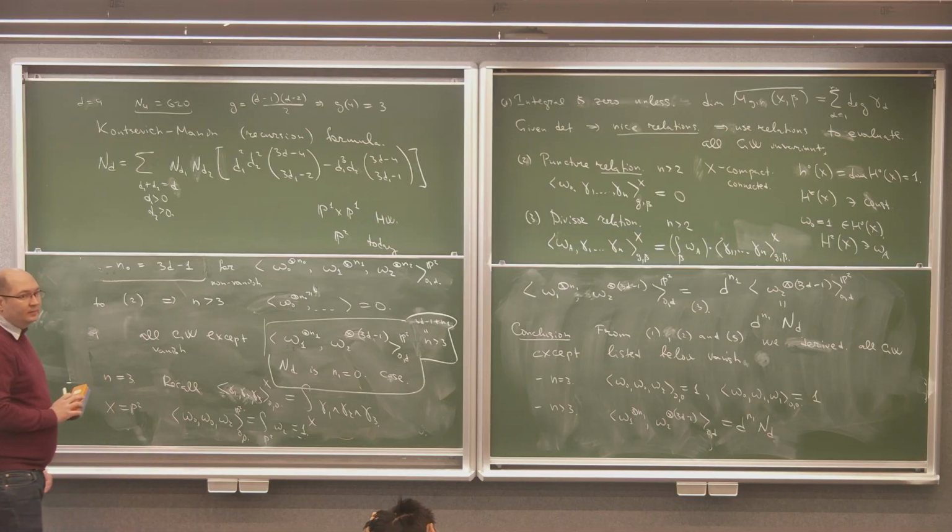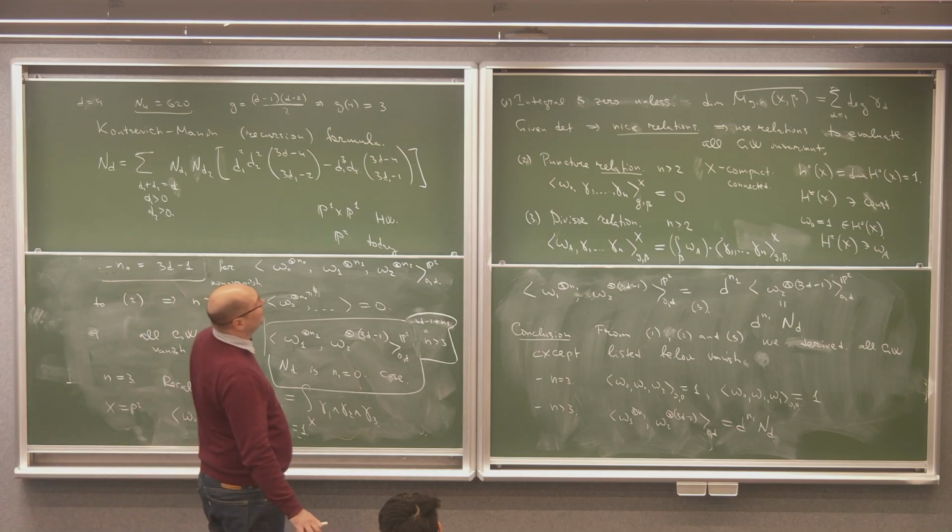Why do we not consider n less than 3? For n less than 3, we need to deal with a complicated construction for this moduli space.